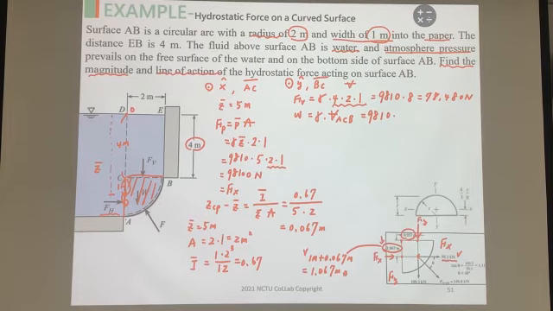So the area along the ACB is pi radius square. This is a circle area, but we only have the 1/4 area.